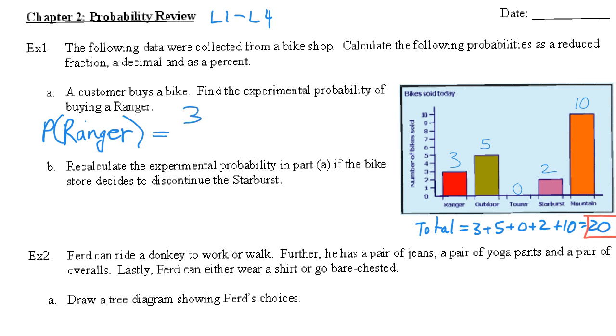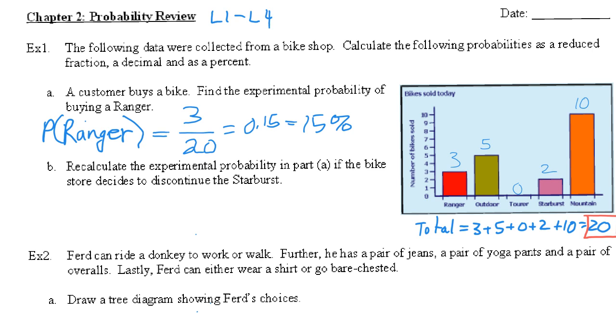And then we are dividing by the total number of bikes sold, which is 20. So once I've got that, we have to change it into a decimal. So 3 divided by 20 is 0.15. And then our final answer is going to be 15%.